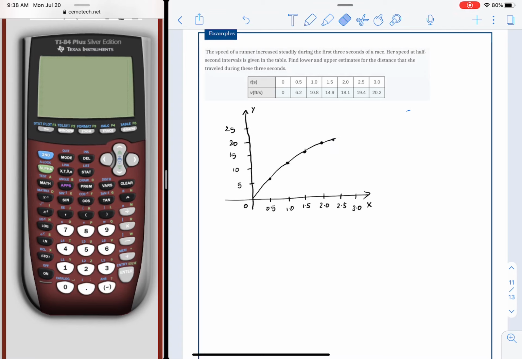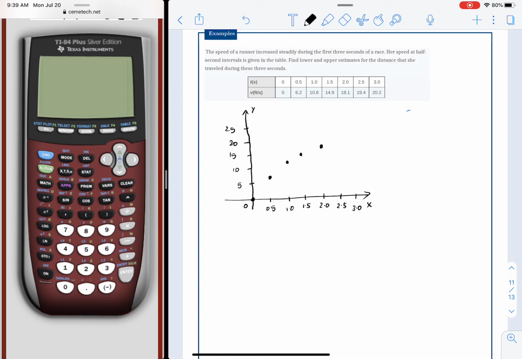So let's go ahead and write these points. Let me redo this. At 0, we have 0. At 0.5, we have 6.2. At 1, we have 10.8. At 1.5, we have 14.9. At 2, we have 18.1.